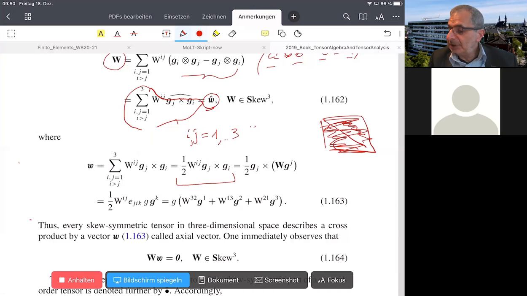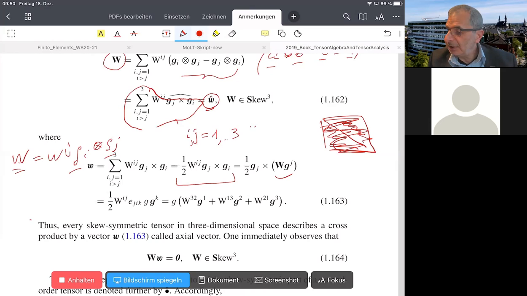Another possibility is to do the following. If I represent this tensor W with respect to this basis Gi tensor product Gj, right? And then I map by Gj, I get exactly this Gi.